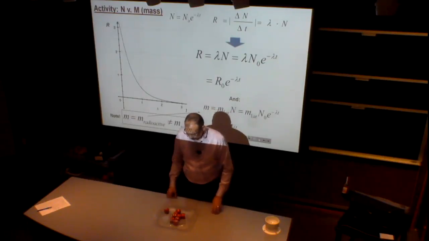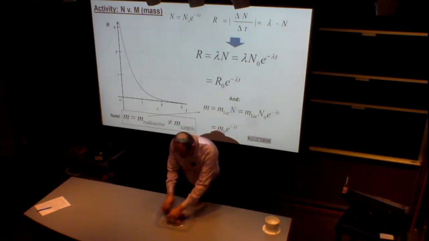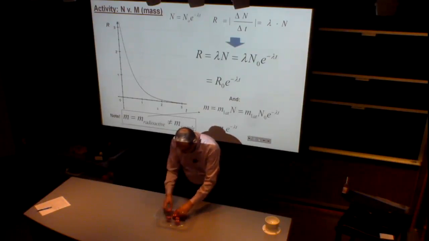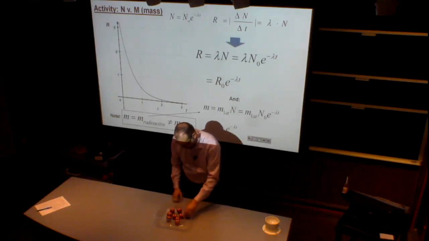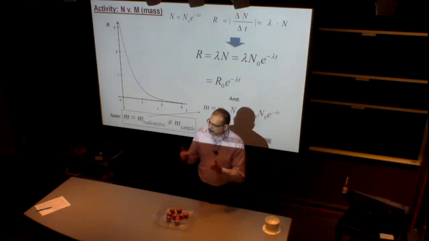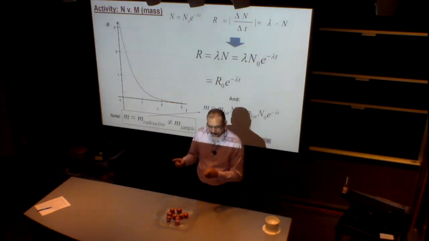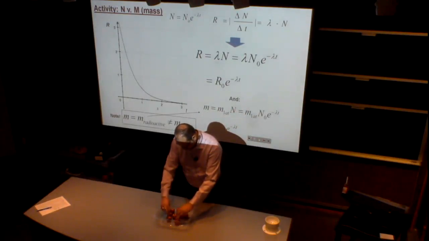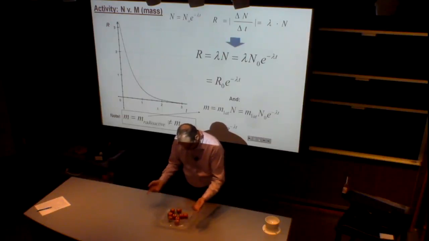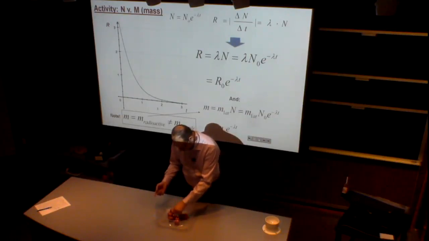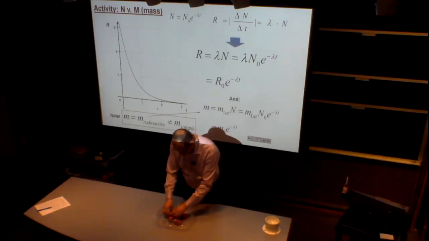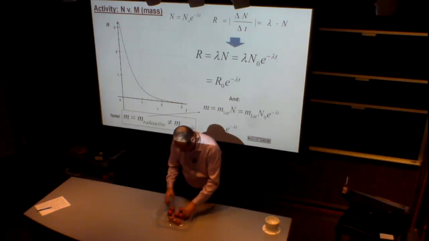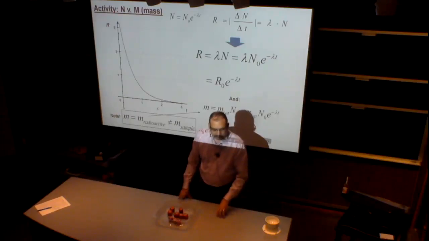So if we start from the same amount of radioactive elements, and we wait one lifetime, in one lifetime we should observe about 1/3 of the initial left. So 1, 2, 3, 4, 5, 6. I should have counted before. 1, 2, 3, 4, 5, 6, 7, 8, 9. So 1/3 means all these are something else, but only a third is left.